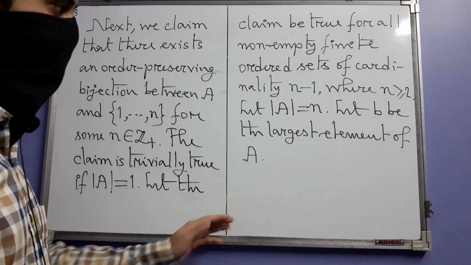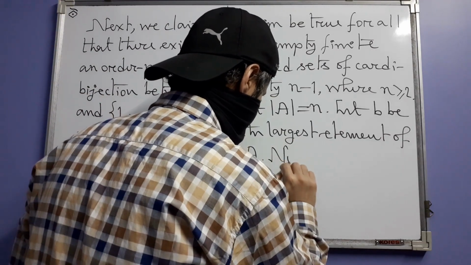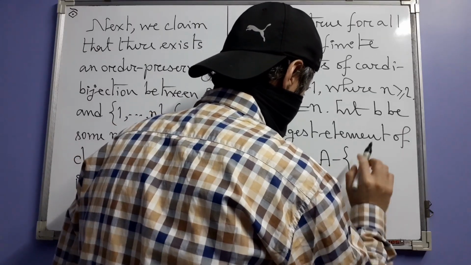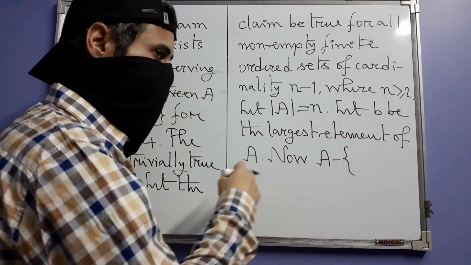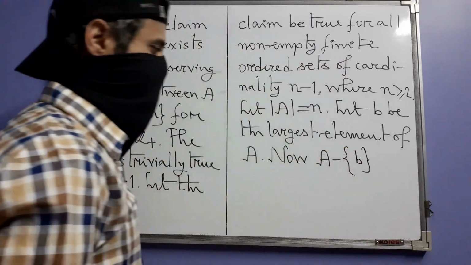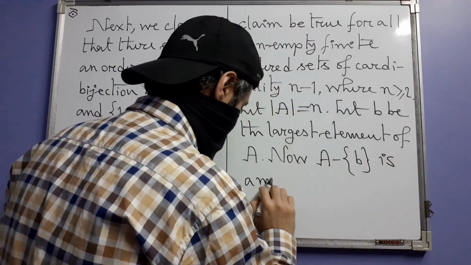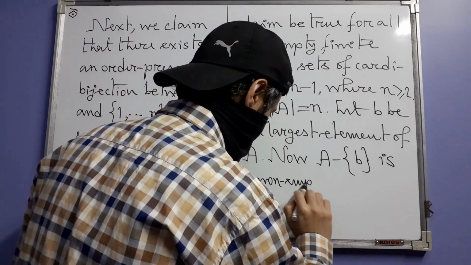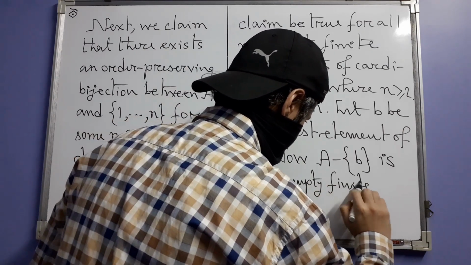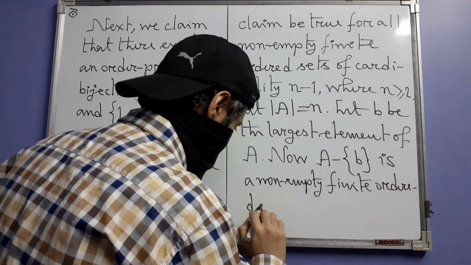We are now going to use this B. In that half we removed A0. Now we are removing B from A. A minus the largest element is a non-empty finite ordered set.